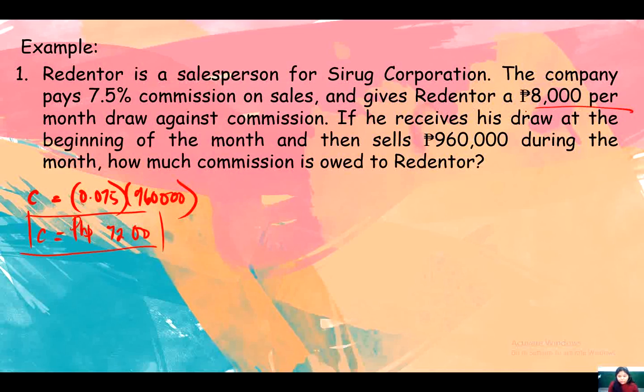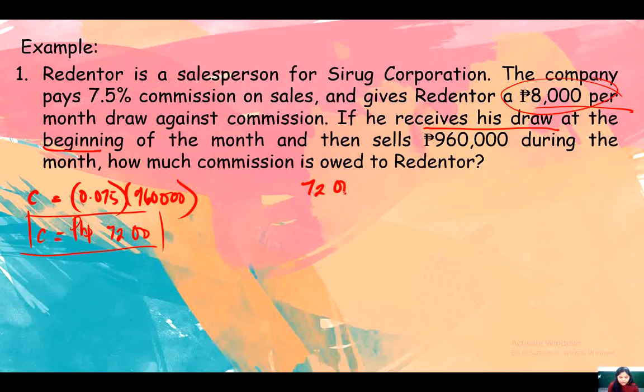And gives Renditor 8,000 per month draw against the commission. Take note of that. If he receives his draw at the beginning, so ibig sabihin yung 8,000 na ibigay na sa kanya nung una pa lang ng buwan, and then he sells on that same month ng 960,000. So, kinuha natin yung 7.5% ng 960,000, then we are going to minus the 8,000.